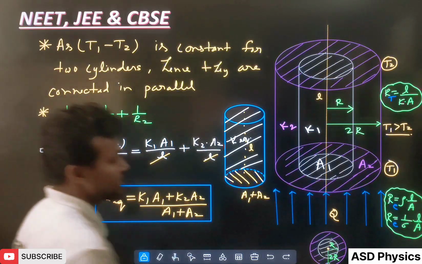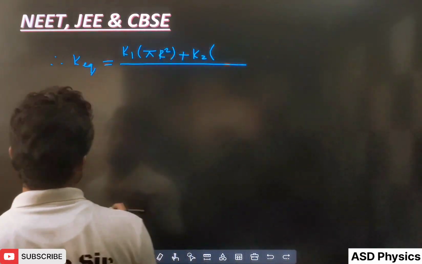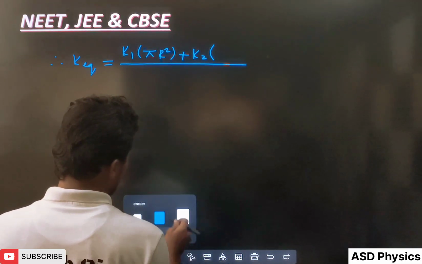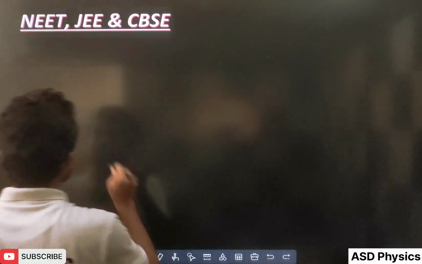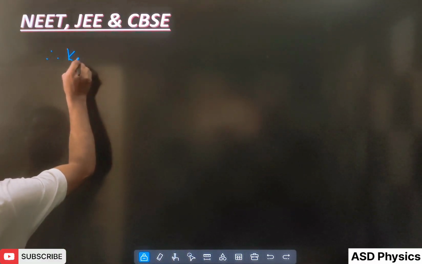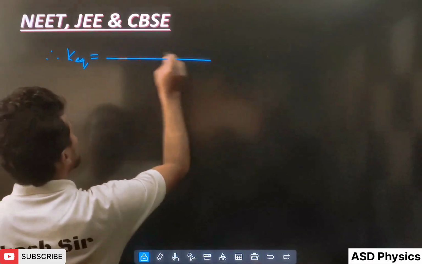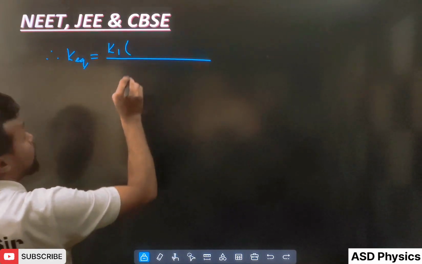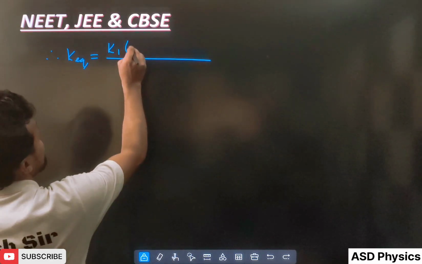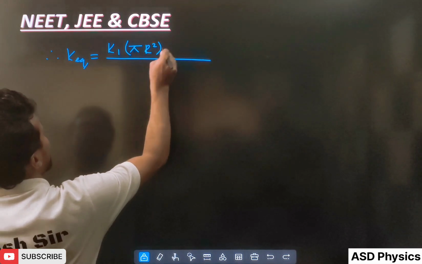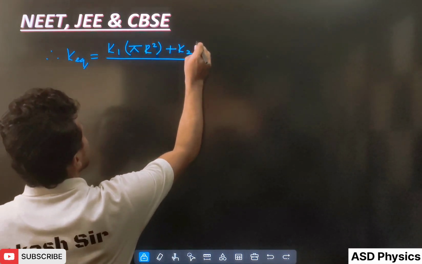Now let's put in the values. K equivalent is equal to K1 times A1, that is the white color area, pi R square, plus K2.